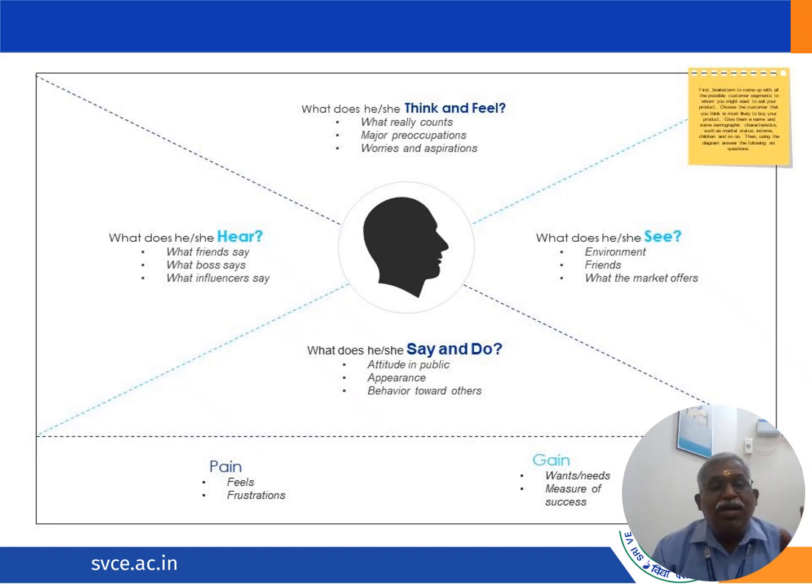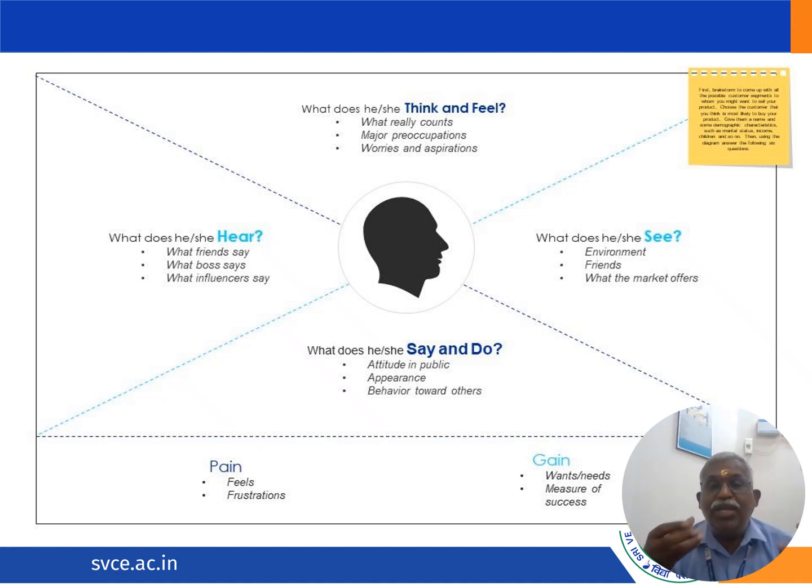Now again in a different way, pain and gain. What is our want? What is our need? Measure of success. Always a success statement takes the designer to the next level. That's why our title is design thinking, human centered. Human centered means being a designer, we go to the point where our customers are sitting.